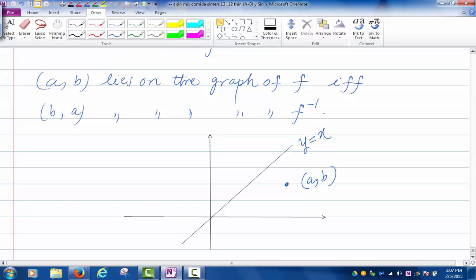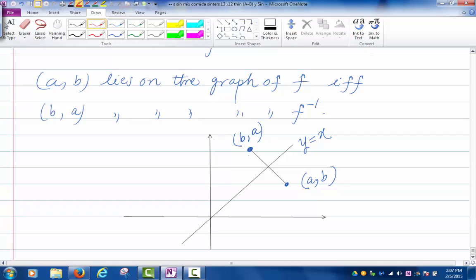From the point AB, I'm going to make a vertical line onto the line y equals x, and then I am going to go directly to the other side at equal distance, and this point here would be BA.